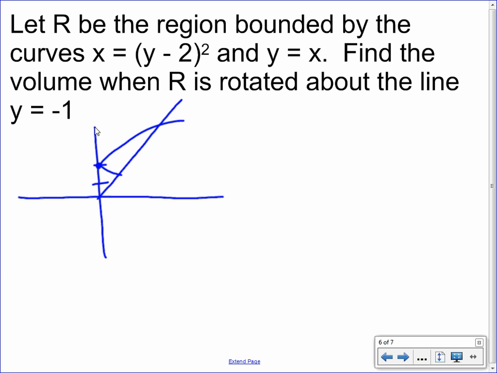Okay. Let's talk about, first of all, what are our points of intersection? How are we going to find these bad boys right here? Okay. So we have y minus 2 squared equals y. What's y minus 2 squared?